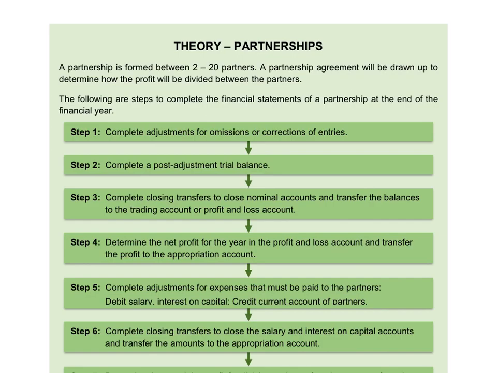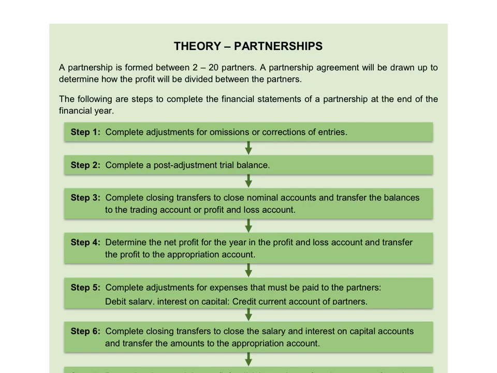When you complete the final accounts for partnerships, you should use the following steps because it will make it easier not to make any mistakes. First of all, we've already got the ledger accounts and a trial balance.